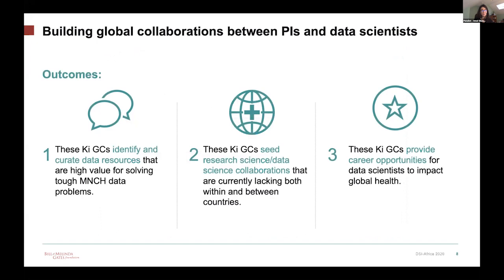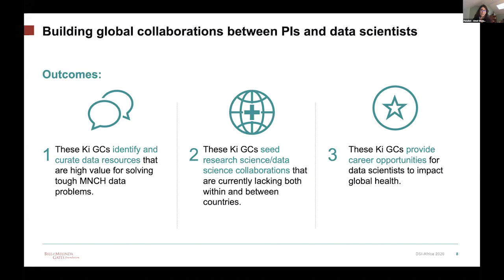So as I mentioned earlier, the main outcomes of this program is basically to identify and curate data sources that are of high value for solving MNCH problems using data science, and create this strong community of public health experts and data scientists where they really work together to tackle these MNCH problems from different perspectives.